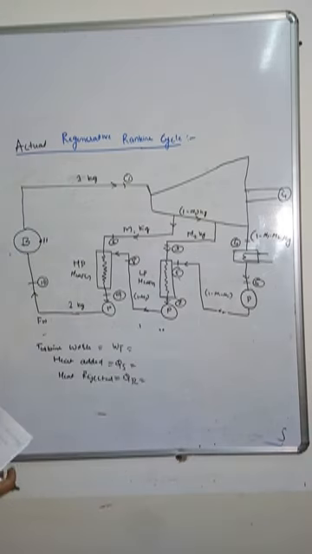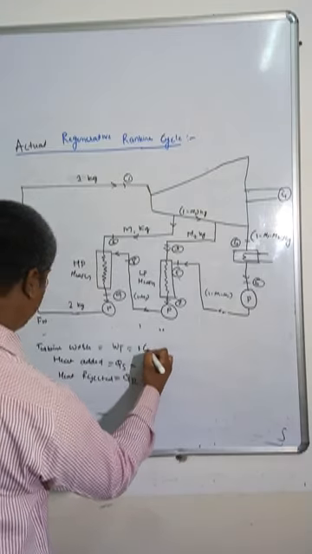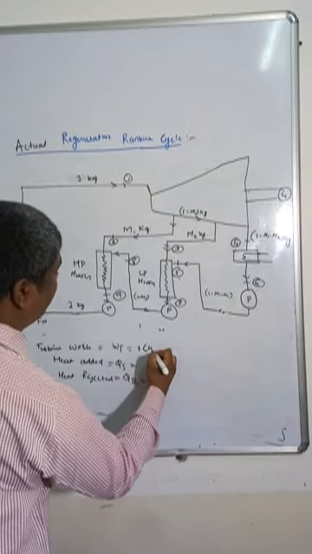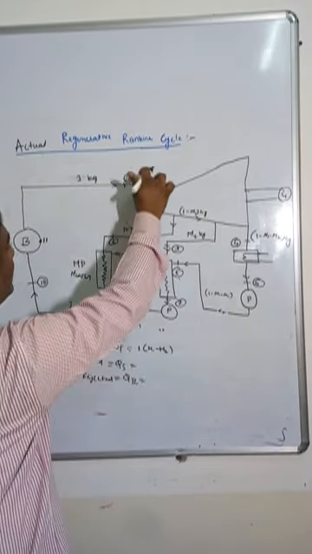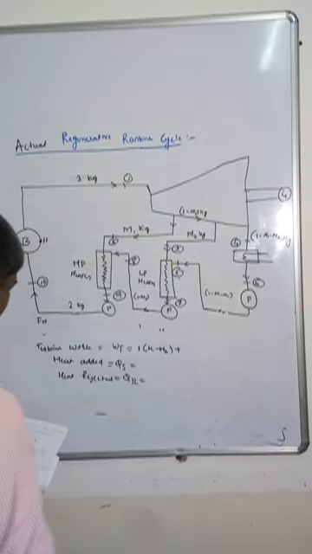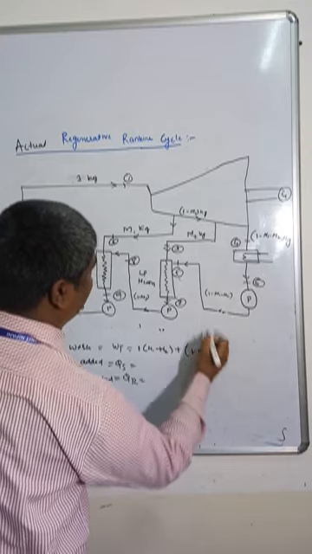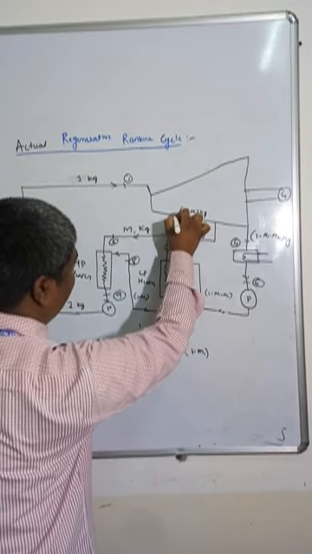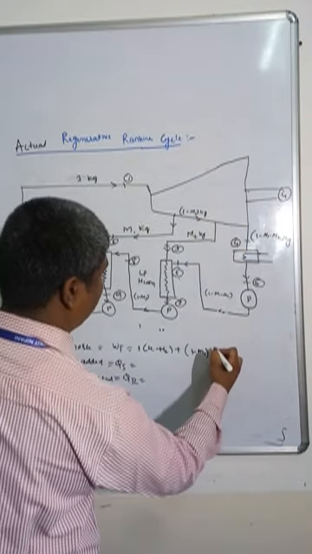So turbine work, just look here. First 1 kg I am supplying, 1 kg mass into H1 minus H2. Here some of the expansion is happening because here it is coming out, it is going out. Next one more is plus 1 minus M1 is remaining there because M1 is going out from here at this point after bleeding.